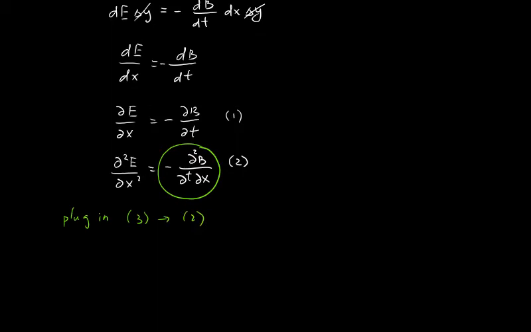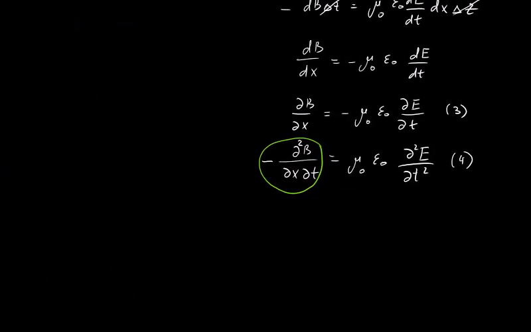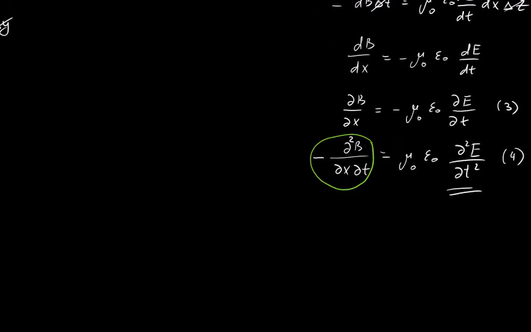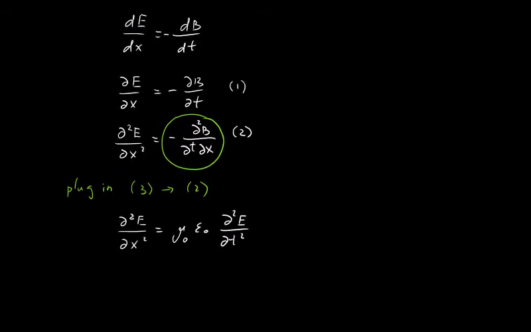Then I would end up having d2E over dx2 equals mu naught epsilon naught d2E over dt2. Let's double check if we did everything correctly. Yes, that's d2E over dt2. Okay, well, does this remind you of anything?